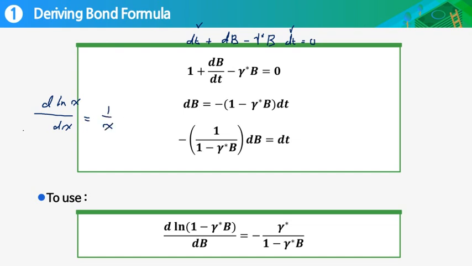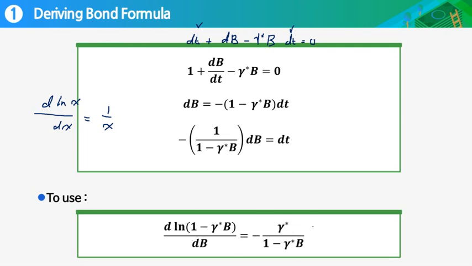So by applying the chain rule here, d ln(1 minus gamma b) over db is 1 over 1 minus gamma star b, and we have to use the chain rule, so we have a minus gamma term over here, so minus gamma star. So this looks like this one.